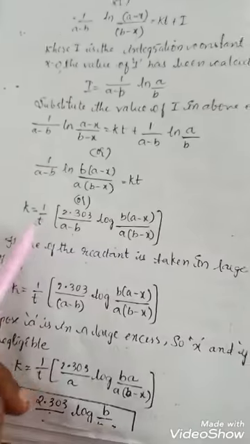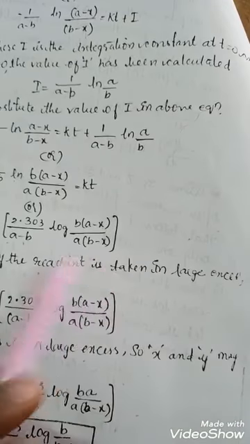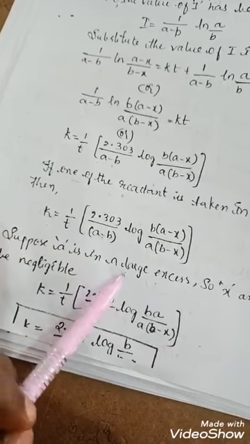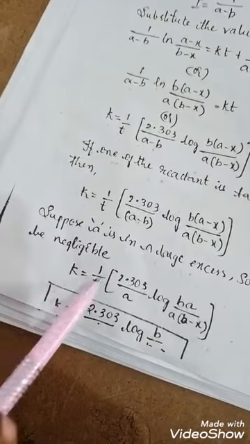This is the equation. If one of the reactants is taken in large excess, then k equal to 1 by t into 2.303 by a minus b log b into a minus x by a into b minus x. This is the equation. Suppose a is in large excess, so x and y may be negligible. k equal to 1 by t 2.303 by a.